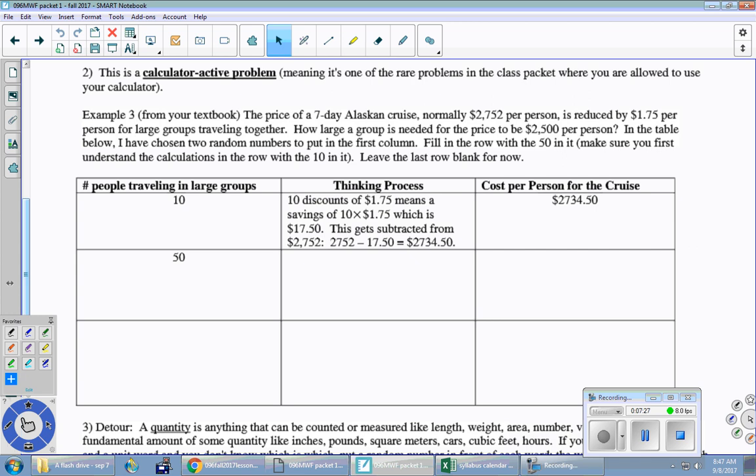Multiply the 10 by the 1.75 because every one of these 10 people gets you another $1.75 off. Okay, so that's what we've got written here. 10 discounts of $1.75 means we save 10 times $1.75, which is easy. That's $17.50. Okay, so every person saves $17.50. But that $17.50, that's not what we pay. That's how much the discount is. So how do we calculate how much we pay?